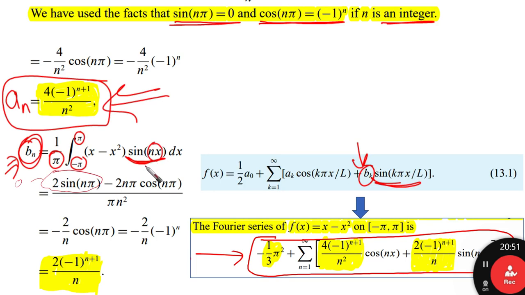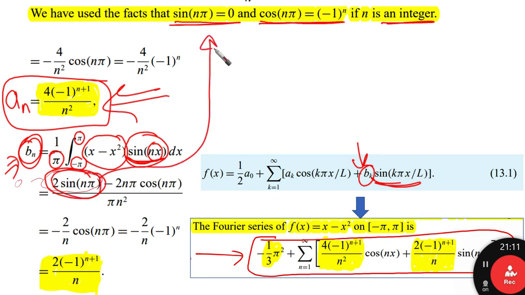This means that we are also going to use integration by parts, and we are going to end up with this fraction here: 2 sine n pi minus 2n pi cosine n pi over pi n squared. Remember that sine n pi is going to be 0, as we said before. So we're going to remain with this term.